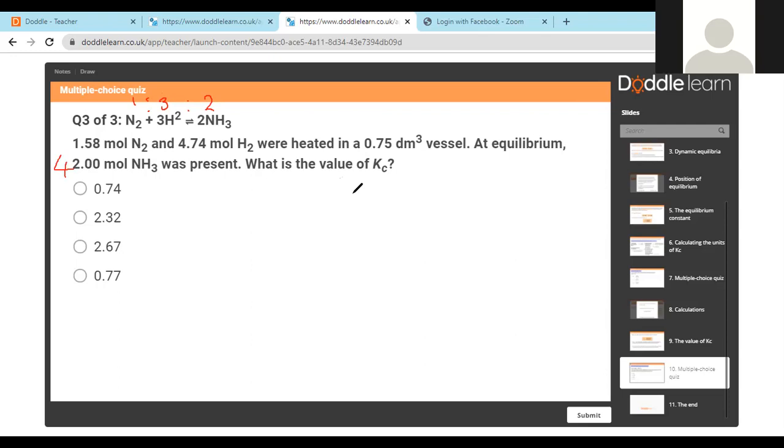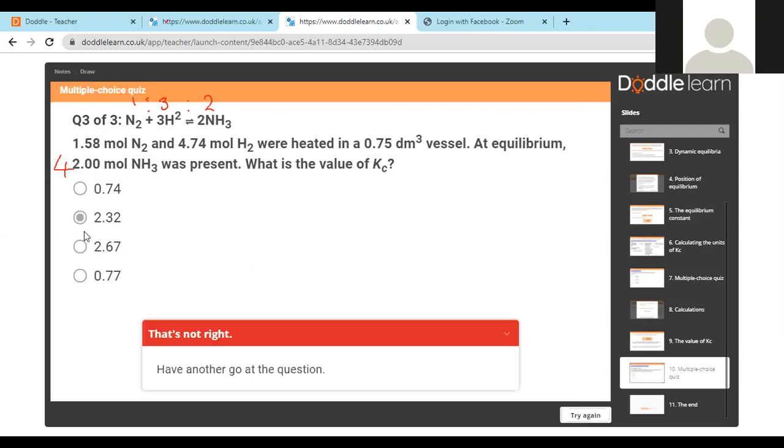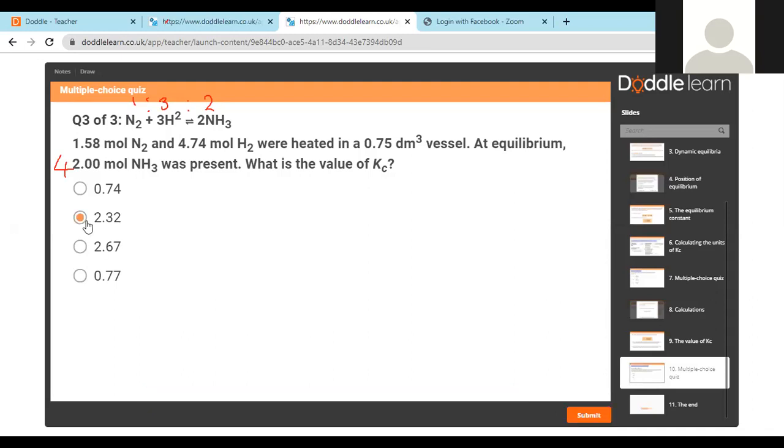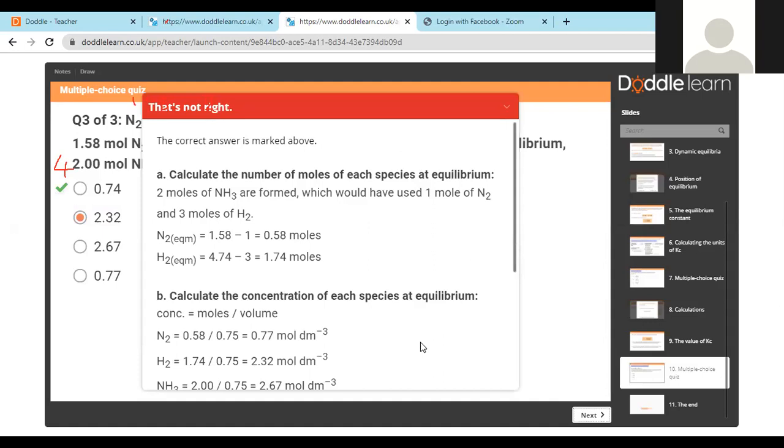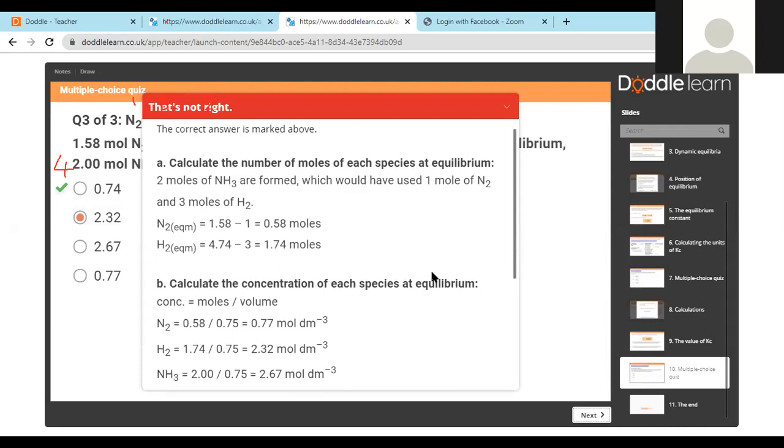So let's go through the answer. Let's get it up. Yes, I know that's the wrong answer. I want it to be the wrong answer because it won't show the answer otherwise. Here we go. So we're going to calculate the number of moles of each species at equilibrium. So 2 moles of NH3 are formed, and in that case we would have used 1 mole of N2 and 3 moles of H2.